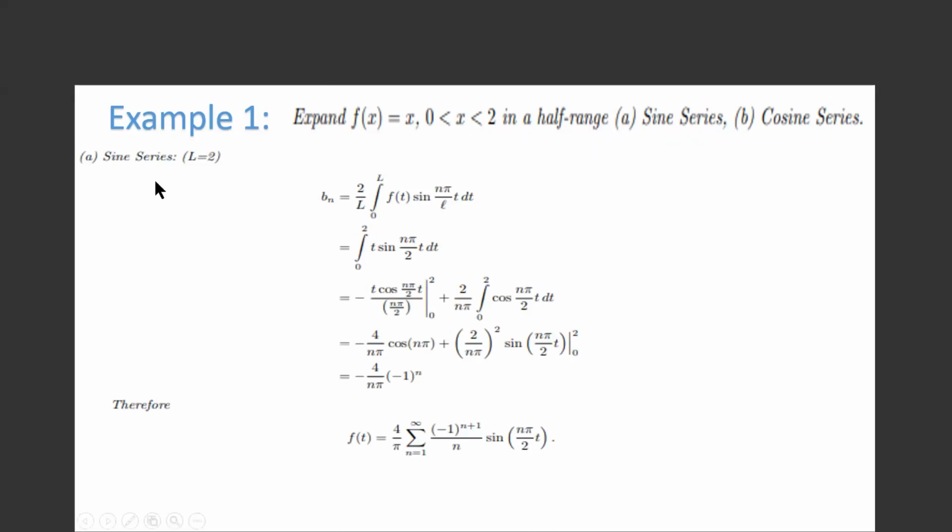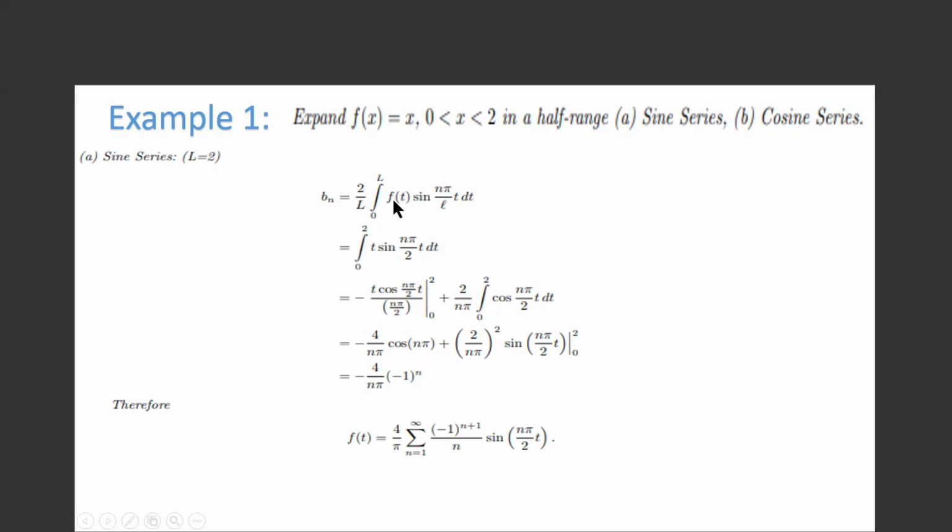In section A, as you said, I have only a sine series, so an and a naught will be 0. I have to find only bn. This is the formula for bn. Because I know the half range, I multiply bn by 2, because I have to integrate from minus L to L, right? Your function is odd and you multiply by sine, which is odd.